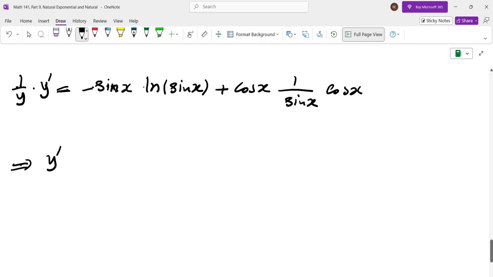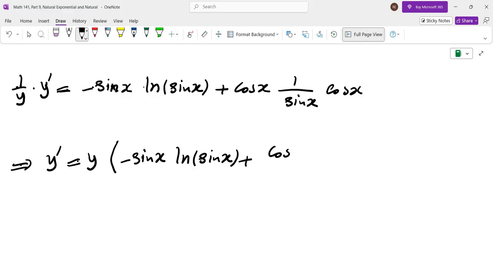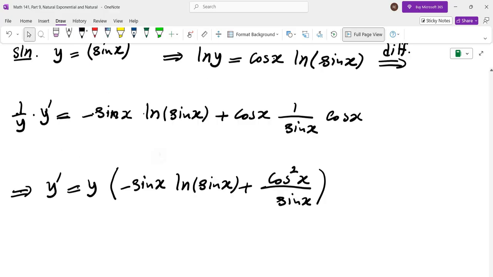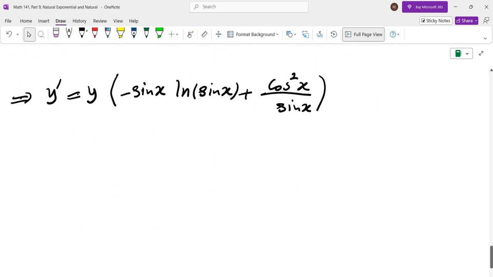So that tells us y prime is y times negative sine x natural log of sine x plus cosine squared x over sine x. Now y is sine x to the power of cosine x.